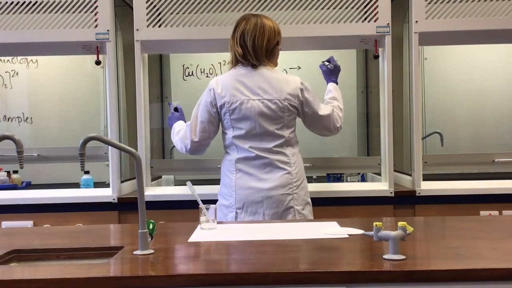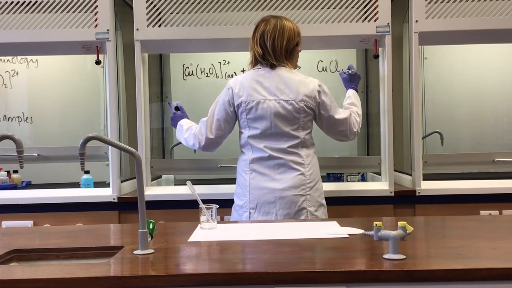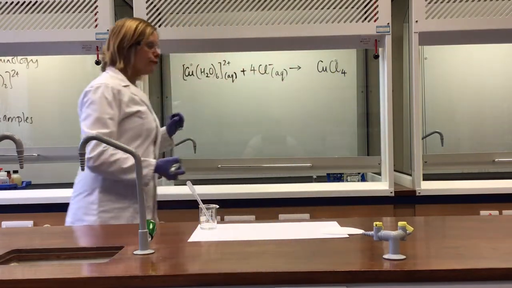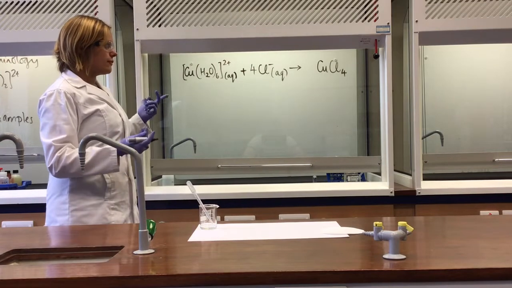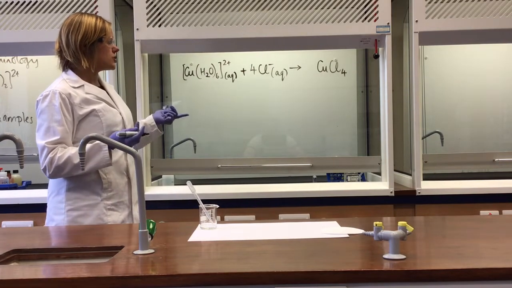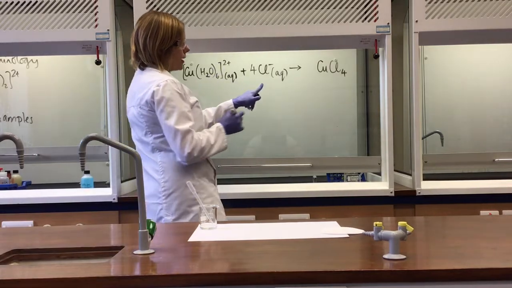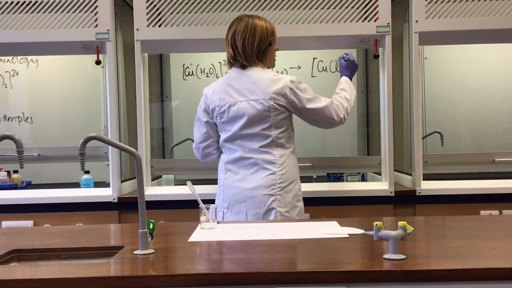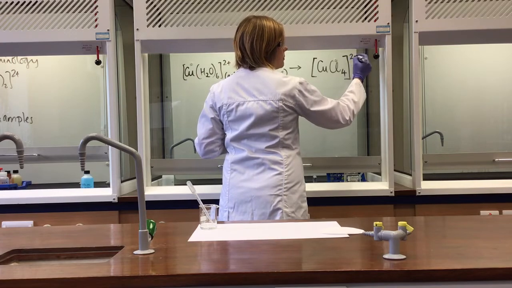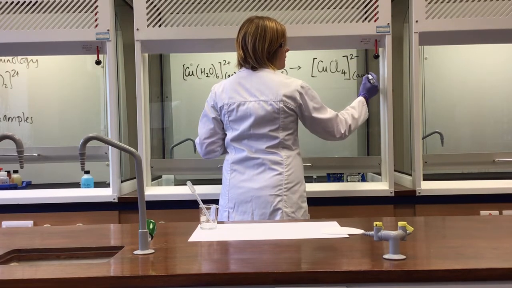Moving across this time, the new complex is [CuCl4]2-. So it's different this time. The coordination number has changed. And the overall charge, we started with a 2+ and we've got 4 minuses here, so the overall charge on that complex ion becomes 2- (aq).